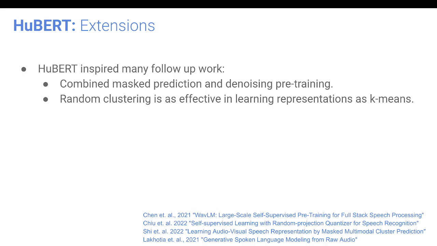It was pretty much as effective in learning representation as the k-means algorithm. And there is AV-HuBERT, which extended the HuBERT approach to audiovisual speech recognition, when you have lip information as well as the audio signal, to produce high quality representations that can work for noisy speech recognition and lip reading scenarios.